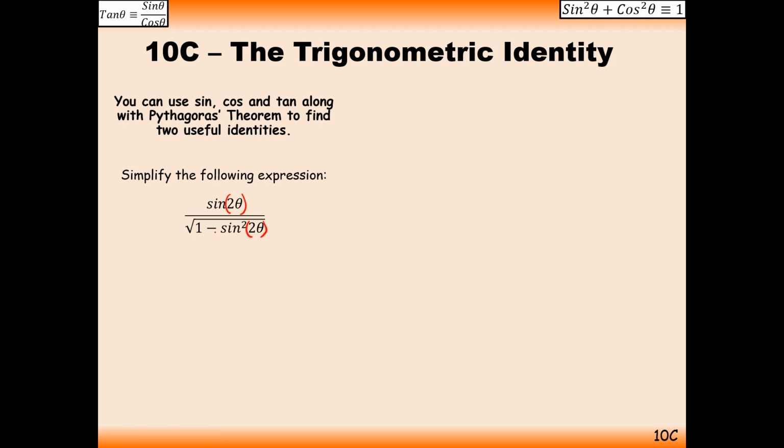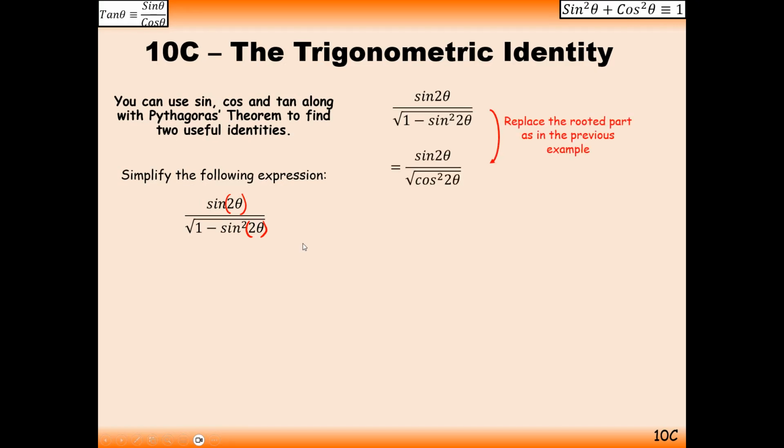So that means when I rearrange the identity, you might notice that the denominator is simply cos. The root of that is just cos of 2 theta. So make sure whatever is inside the bracket for the sine goes inside the bracket for cos. And then once this gets simplified further, I hope you've answered this already. In top left corner, we got the answer.